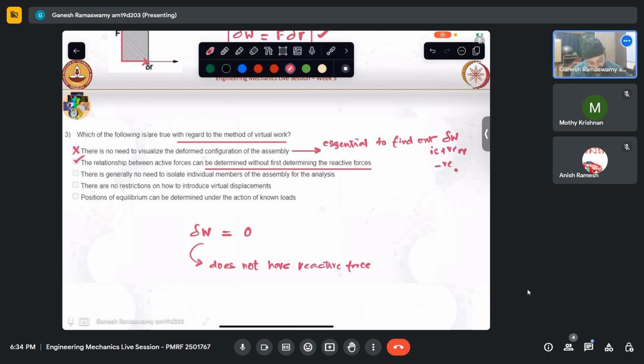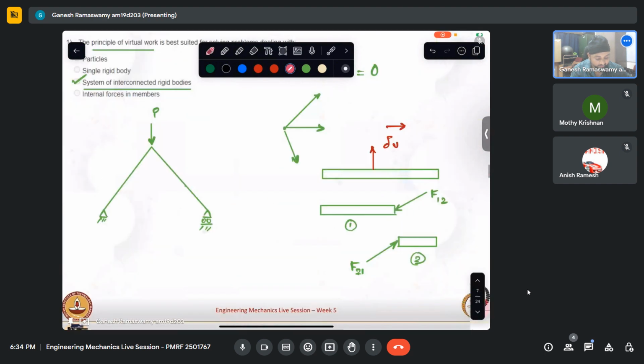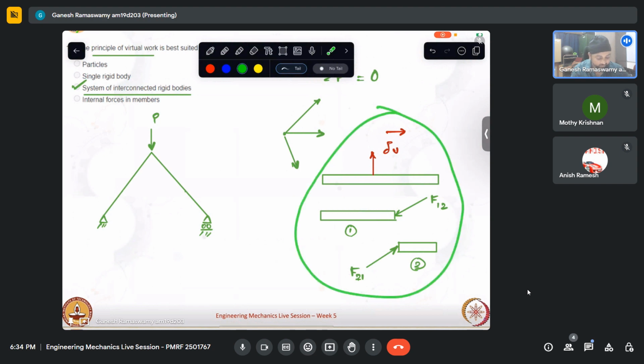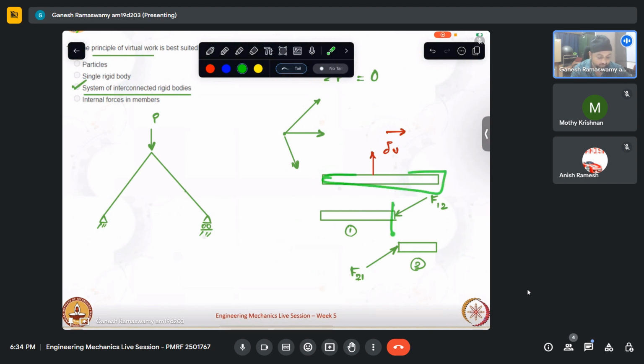There is generally no need to isolate individual members of the assembly for the analysis. We just saw here that when we isolate the individual members, we actually took one member and then sliced it into two. Let us say the system was such that it was articulated here, meaning two rigid bodies were connected here.